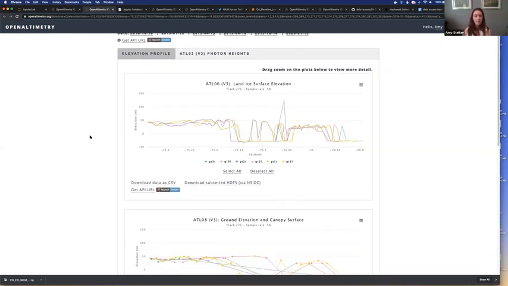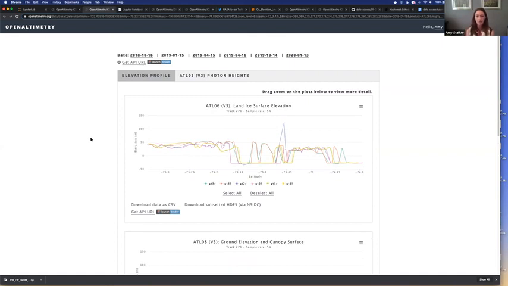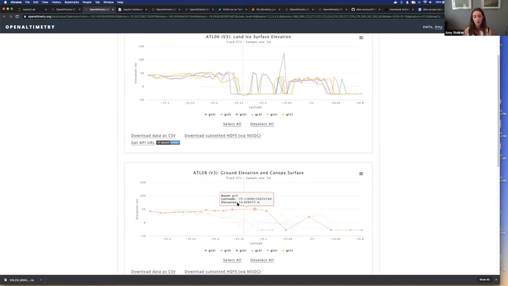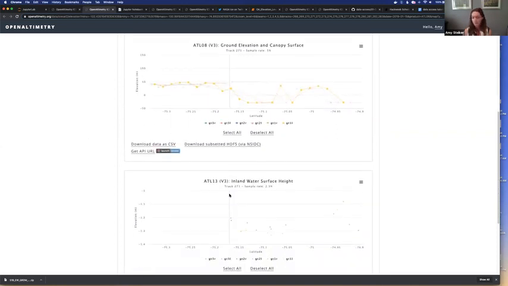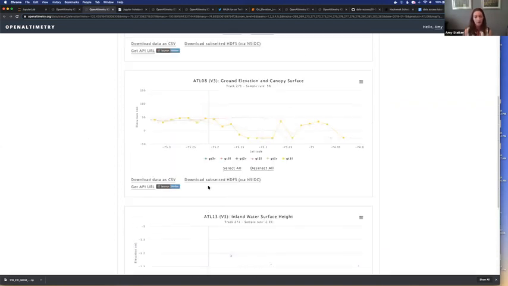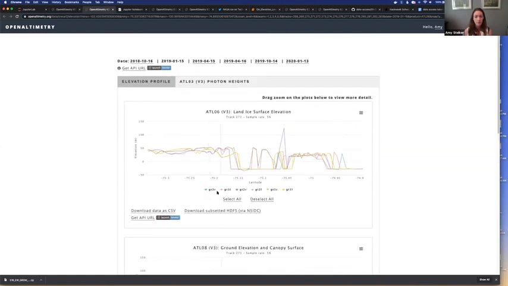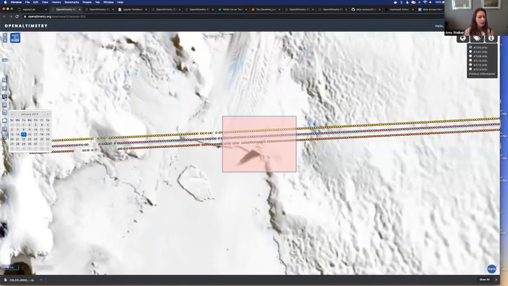What you see in this next window is the elevation profile of ATL06. It'll also show you the coincident ATL08 and 13 other surface-specific products. I know Ben and Alec walked through the beam structure, and that's another thing I wanted to point out back in the map view.